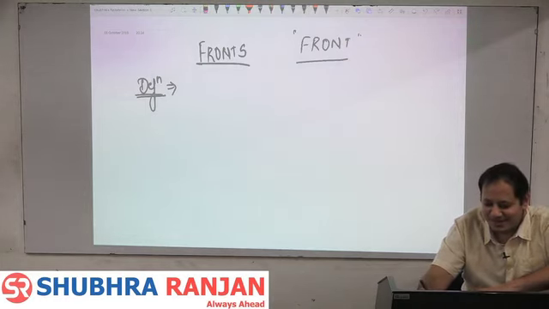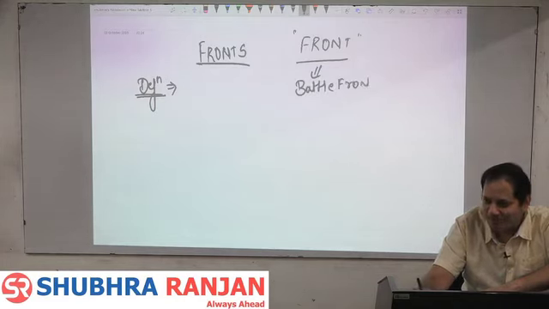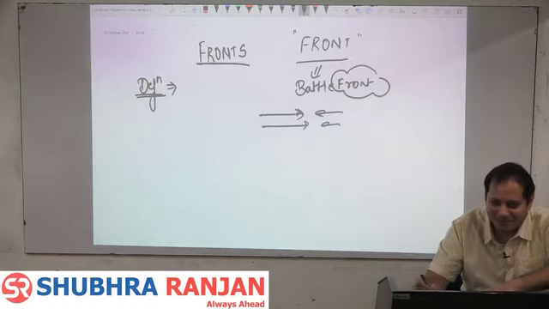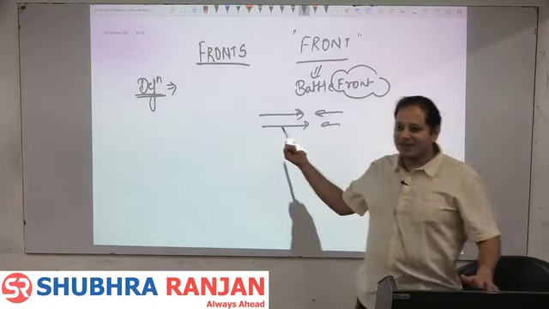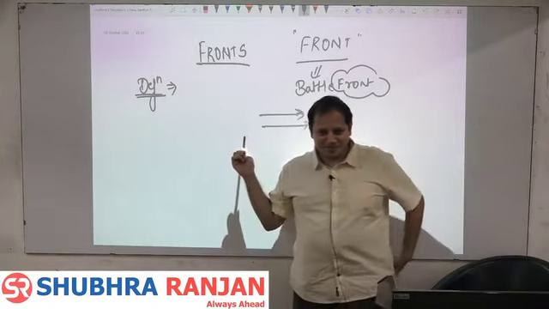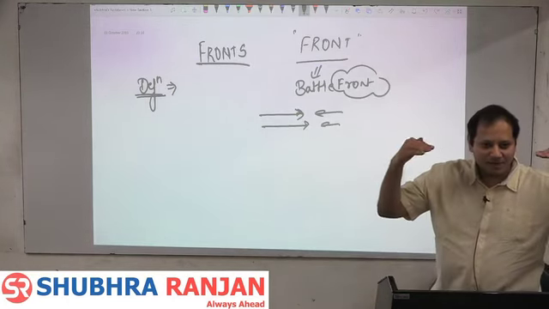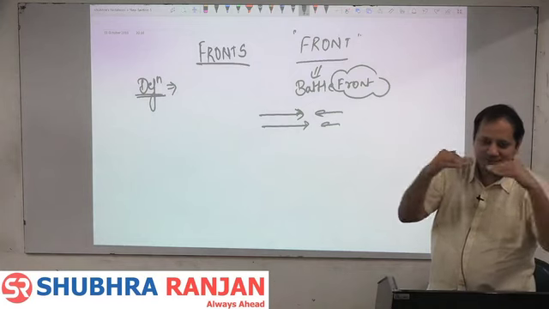This word has been taken from battlefront. What happens in the battlefront? In the battlefront, two enemies face each other. Fine, and therefore this word has been taken. So here, what are the enemies? One is a warm air mass, the other is a cold air mass. Understanding? That is why the name front has been taken. In a front they are always converging, side by side.